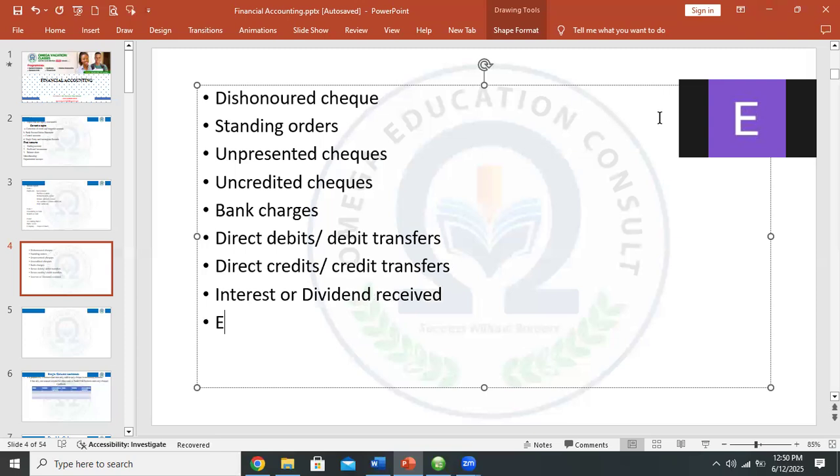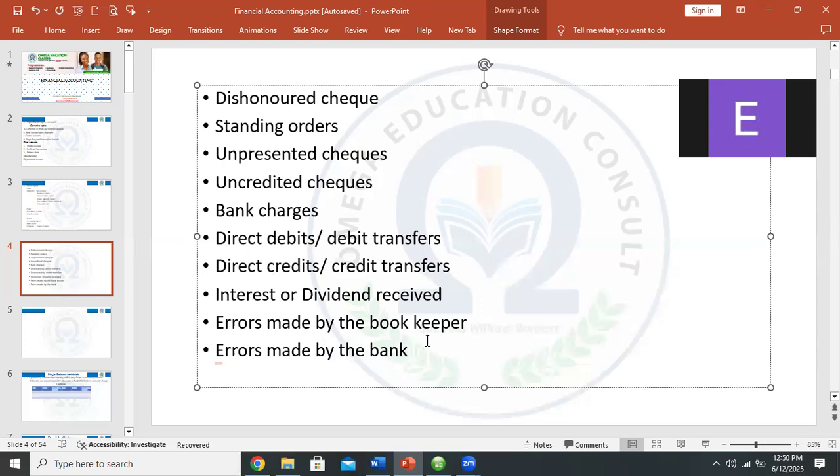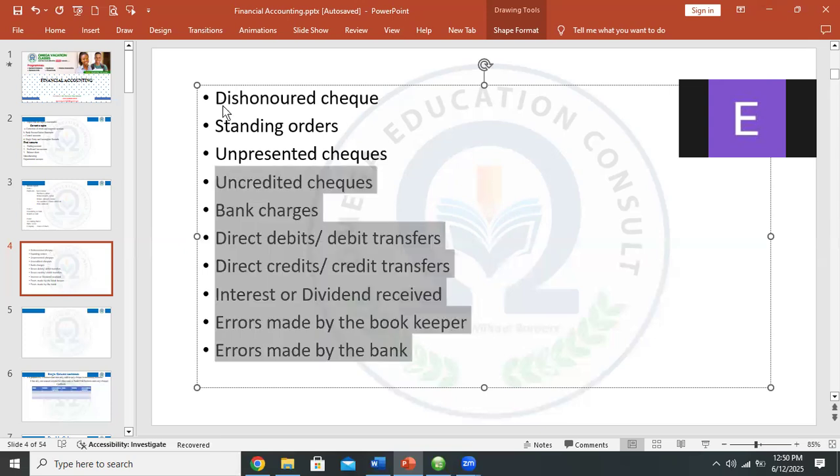And errors made by the bookkeeper, as well as errors made by the bank. So these are, I think, 10 of them. 1, 2, 3, 4, 5, 6, 7, 8, 9, 10. Yes. So these are the 10 specific causes we saw, right?